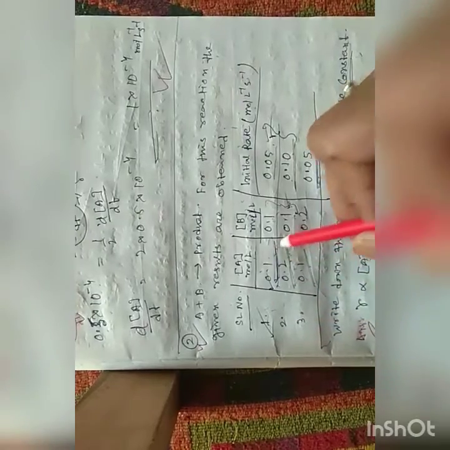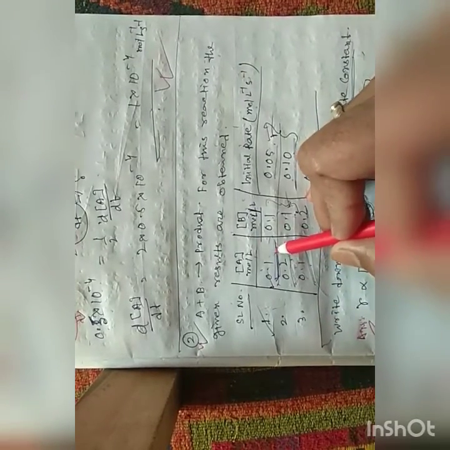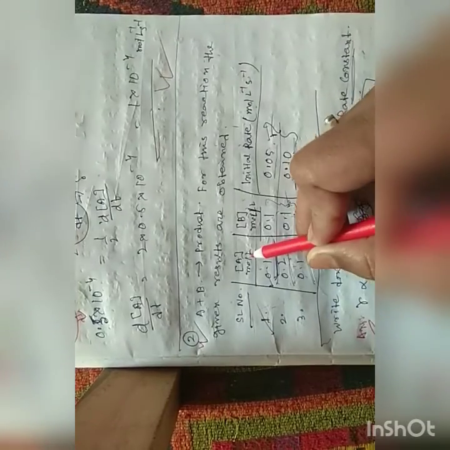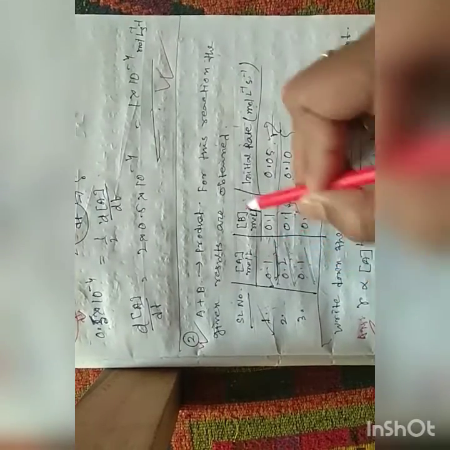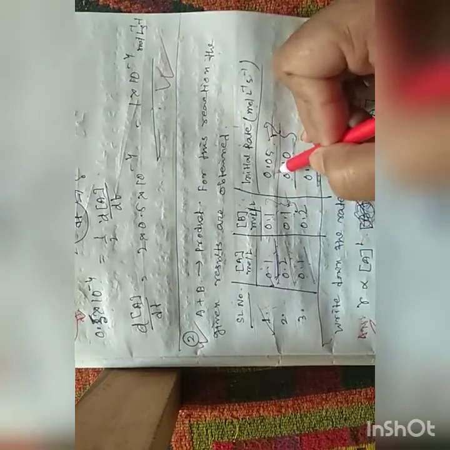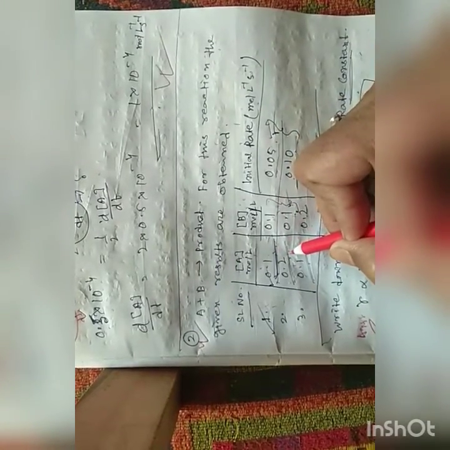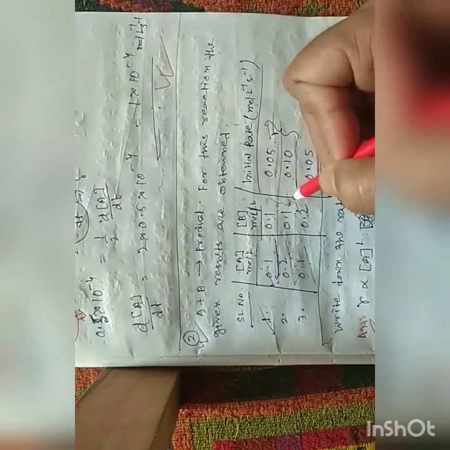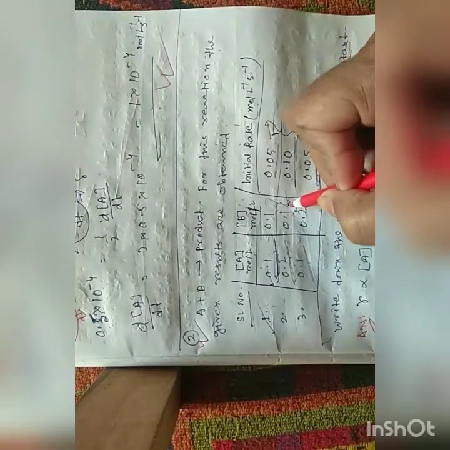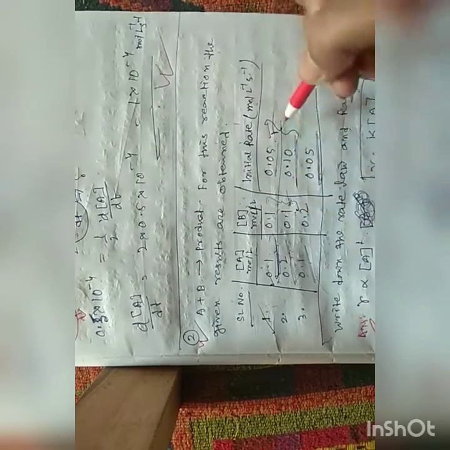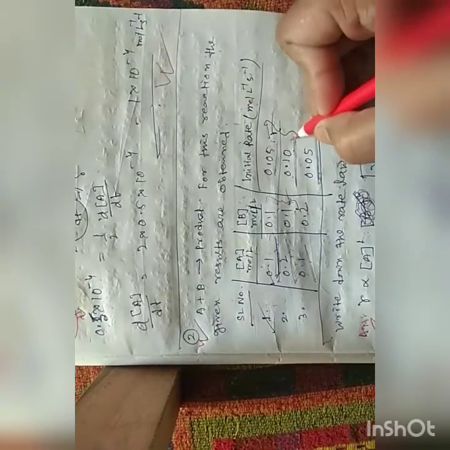So what we see here is that concentration of A is 0.1, concentration of B is 0.1, rate is 0.05. When concentration of A is doubled and concentration of B remains fixed, the rate gets doubled. Okay.